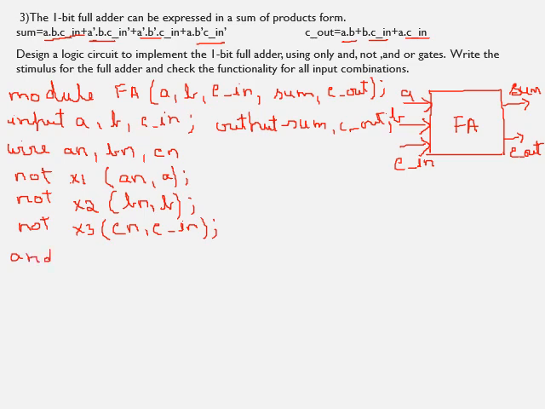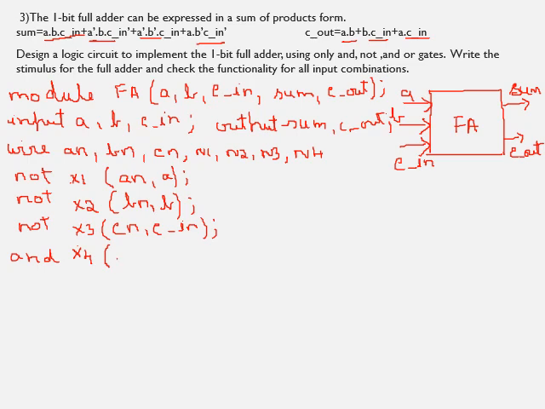So I will take the instance label in sequential order. For the output I will take N1, N2 and N3 for the first 4 product terms of sum.